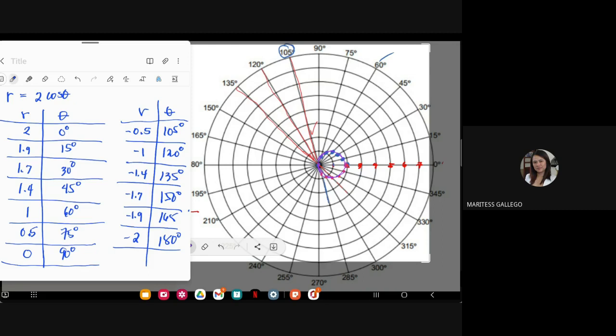Pero isa lang yung pinapasolve ko sa inyo. Yes po. Ayun. So, yes, please use graphing paper then kung curve tracing siya. It's a combination of graphing paper, okay lang naman, and a bond paper. Bahala na kayo. Alin lang yung tanong?